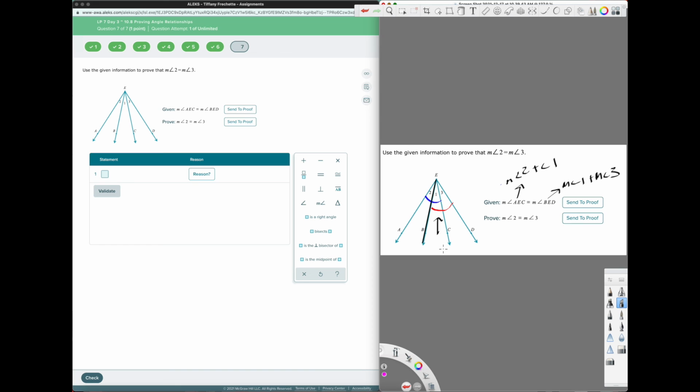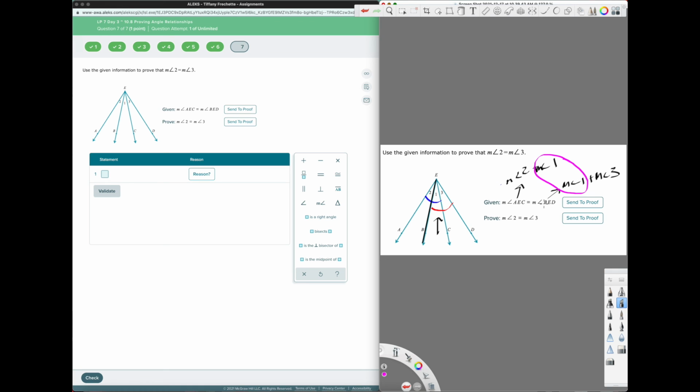All right, so now what we want to notice, and I forgot M here. It's not really too big a deal, but just for my plan. So now we want to notice that these guys are the same, right? I'm adding the same thing to 2 to get this angle as I am adding to 3 to get this angle. We already know the angles are congruent to each other.